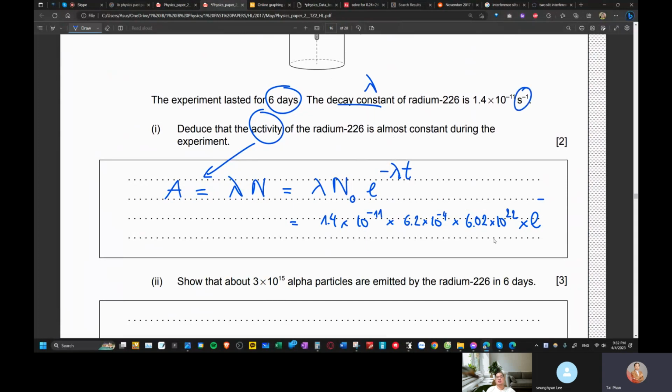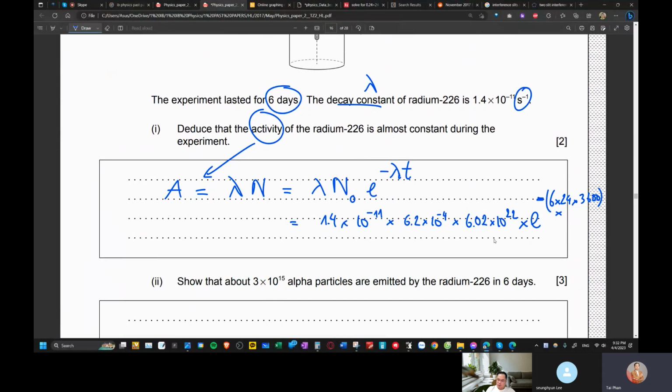The decay constant is in per second, so I need to convert 6 days to seconds: 6 days, 24 hours, 3,600 seconds. Then multiply with the lambda. Wow. Okay, this whole thing is the power: 6 days, 24 hours, 3,600 seconds, multiplied with the lambda.